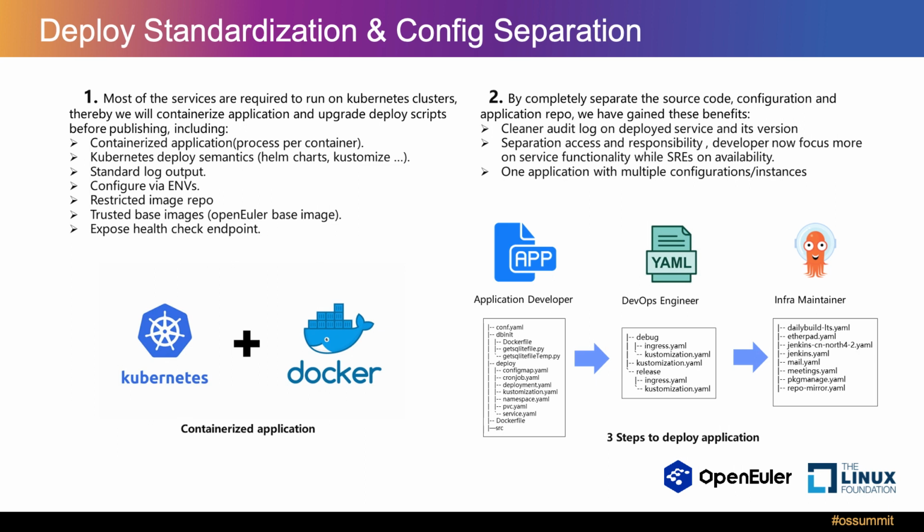We also trust the base images. For example, they are asked to use the openEuler based images, just because one of the packages can be easily upgraded once some CVE issues have been fixed.